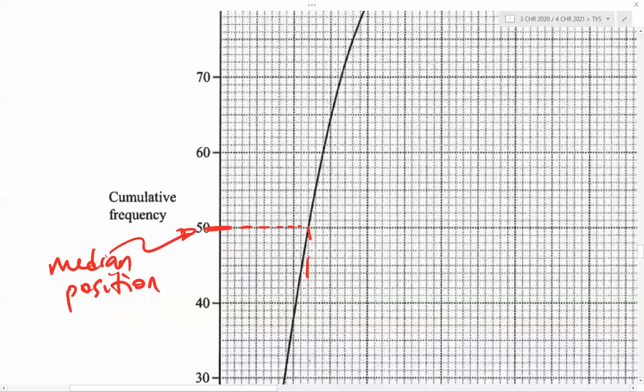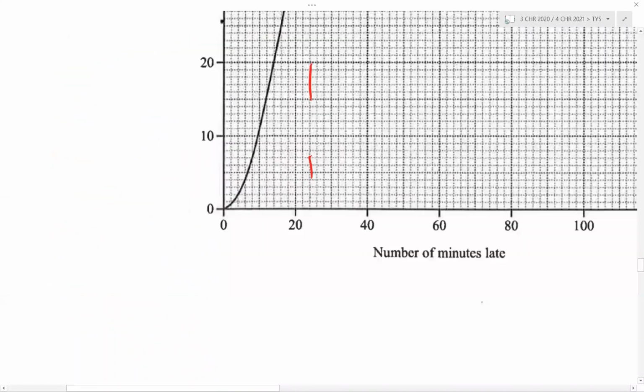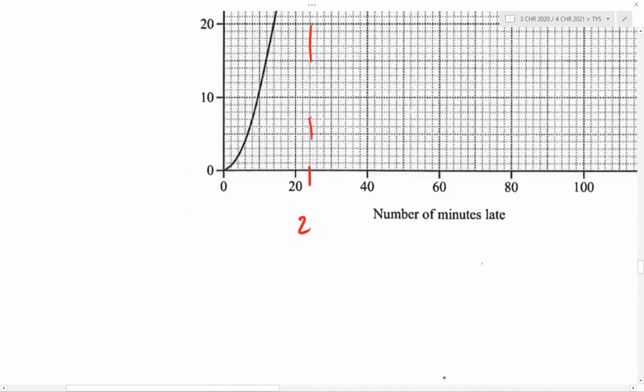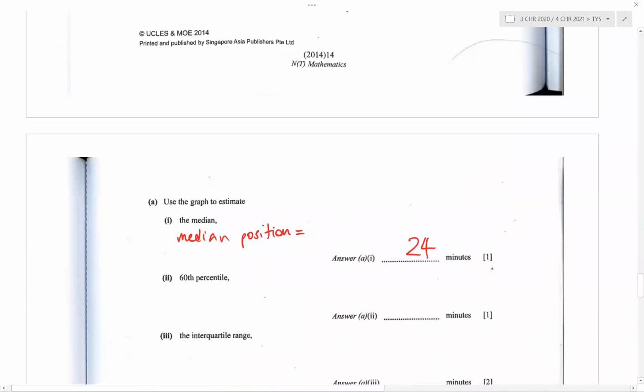So 2 squares away, 20. No, not 22. 24. 24 minutes. So the median has a value of 24 minutes. This is 50. So median equals to 50. No, 24.